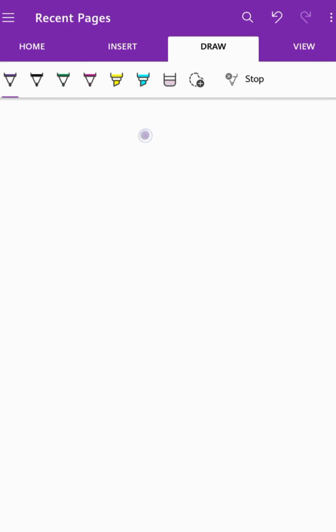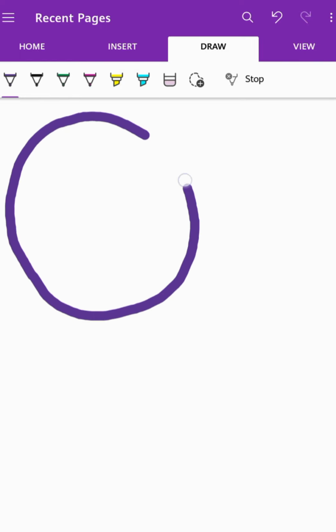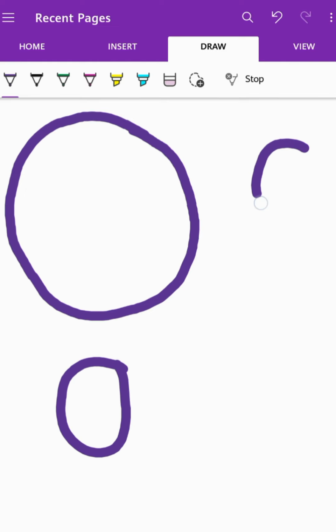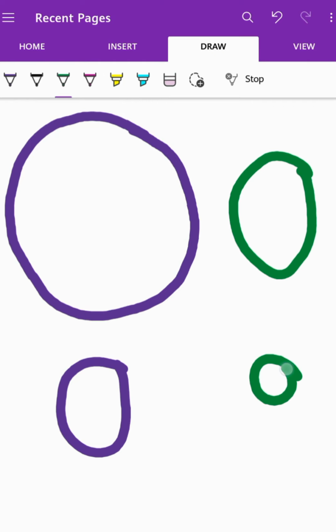They bring a big circle and circles of different sizes.